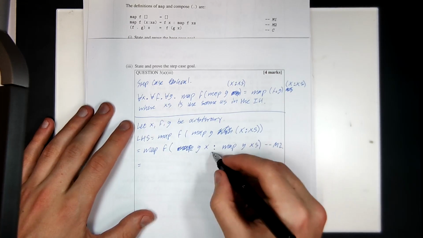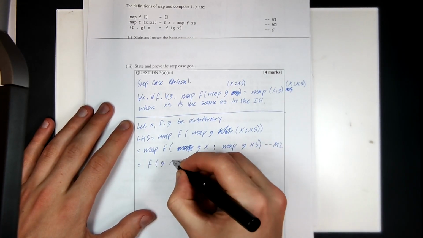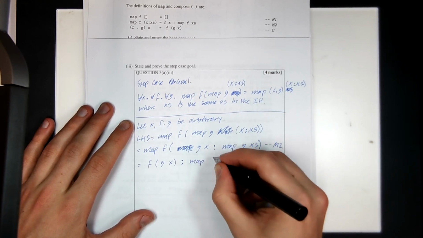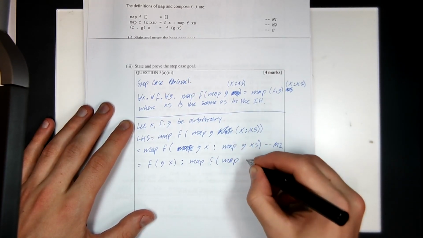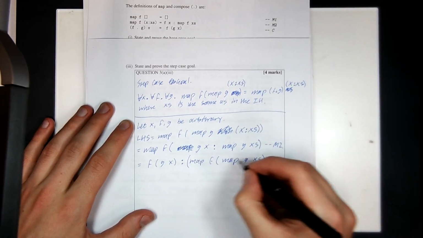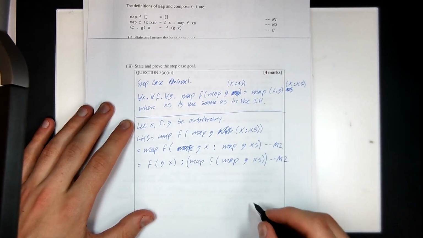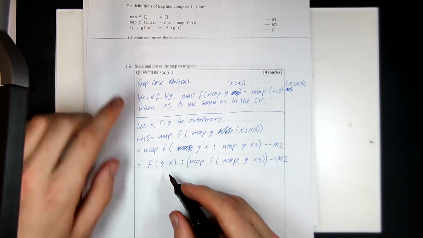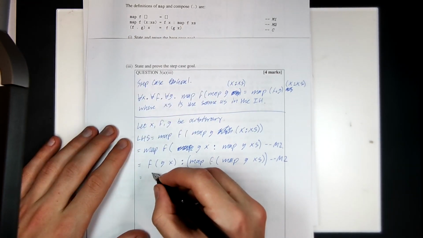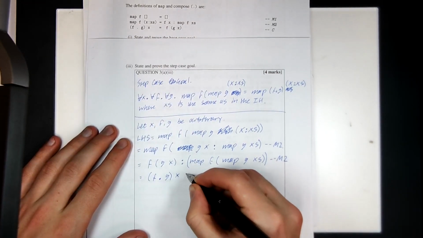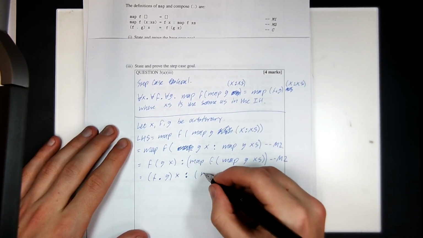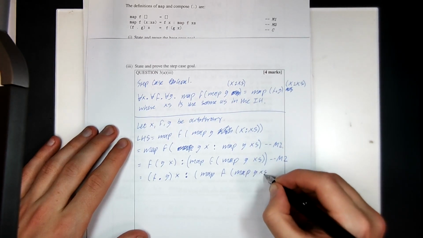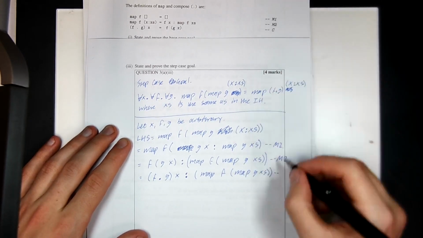This is going to get us f of g of x cons onto map f on what's left over, map f (map g xs), again by M2. f of g of x is the same as f compose g of x by rule C. So (f compose g) x is the same as this term here, map f (map g xs), by rule C.